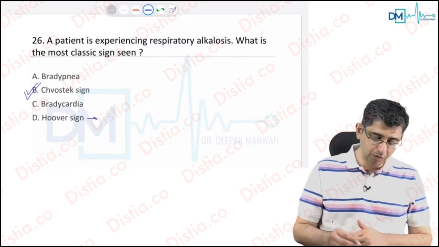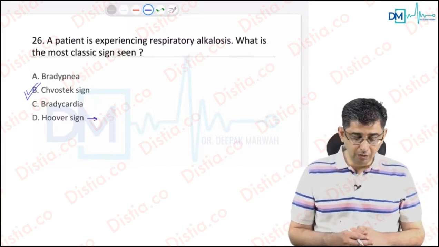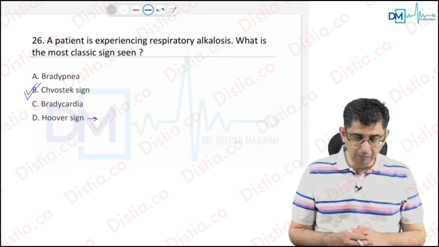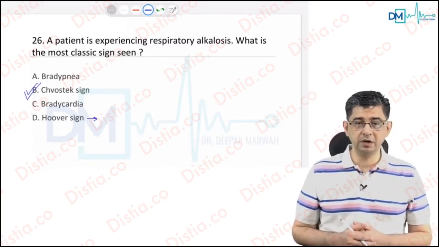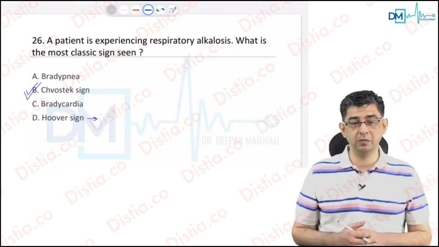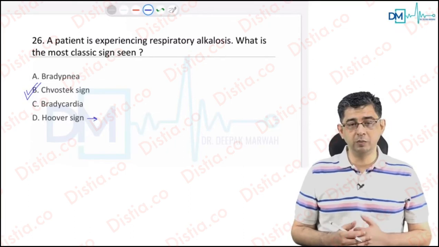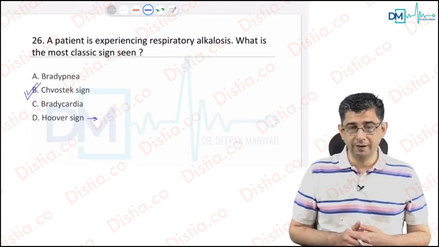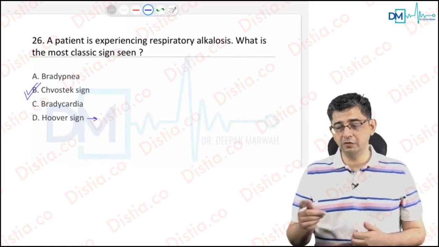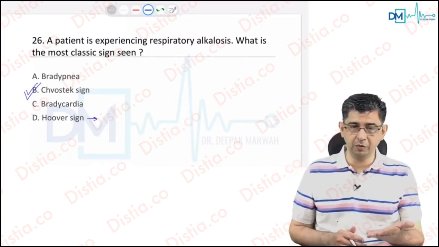Hoover sign is something that you are going to be encountering from a neurological perspective. Here the patient says that he is having leg weakness, and to distinguish this patient from a hysterical patient who is complaining of leg weakness, you will ask the patient to raise one leg and you will support the other leg with your hand. If a person is having a genuine weakness, then when he is raising one leg, he will try to take support with the help of your other hand.